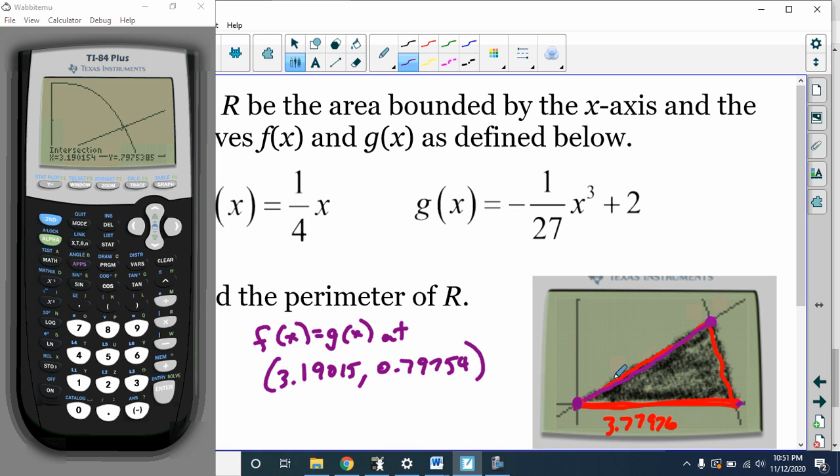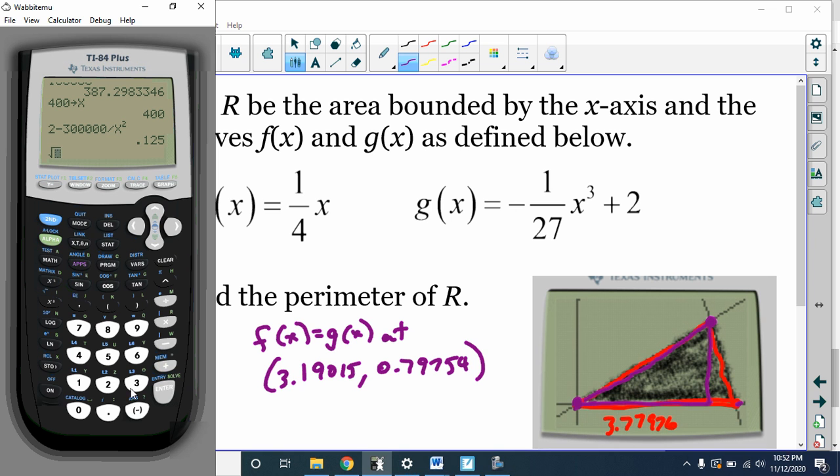So because it's a straight line, you could use the distance formula there, or set up a right triangle and say this distance here is 3.190 and this vertical distance is 0.798, and then use the Pythagorean theorem to get that. Or you could use the arc length formula. Any of those are good options. I am going to use the Pythagorean theorem here.